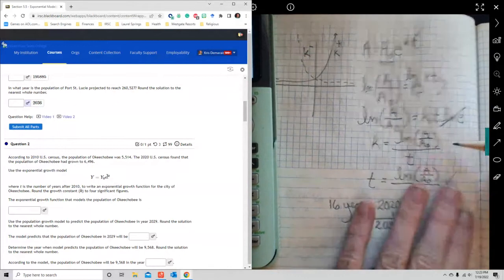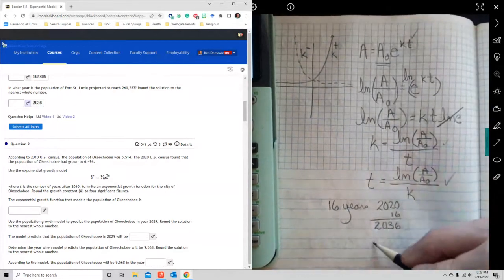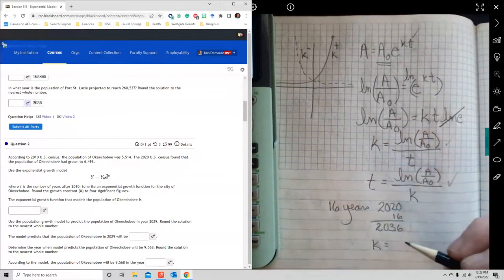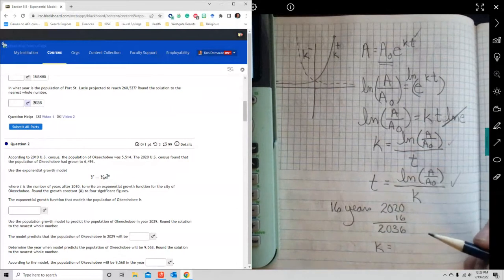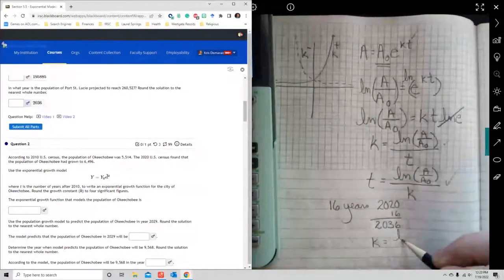That's when you would use this guy right here. You're going to find the k value, because it does not give you the growth factor value. It doesn't give you the percentage of growth. It only gives you the numbers. See, I love my formulas that I'm giving you.